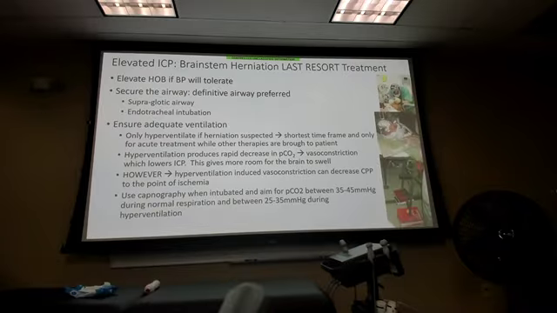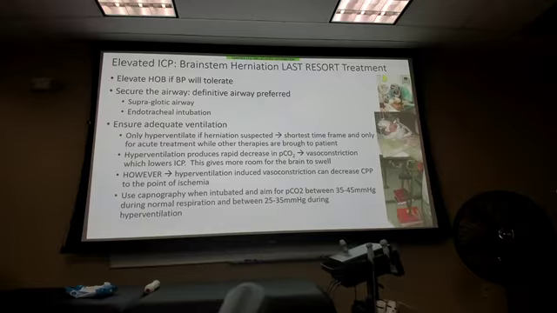And it's for acute treatment only, okay? This is why I still mention it, because it is still in our guidelines, but it is a last ditch effort to try to get them to a surgeon who can actually do something about it, in those people who have suspected herniations.